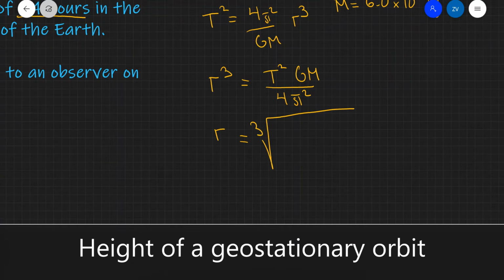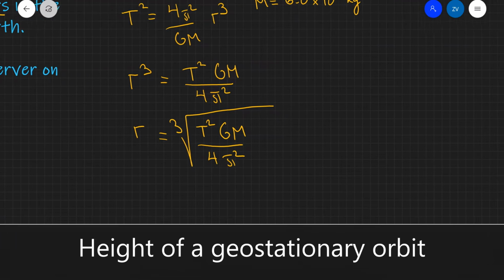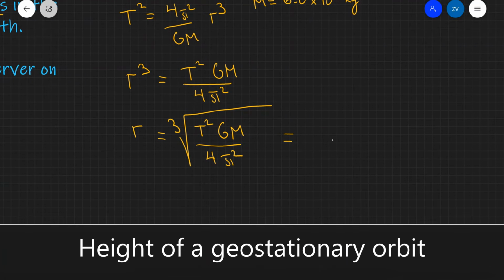Remember to actually press the cube root button on your calculator. A common mistake is to just press the square root button. So that'll be the cube root of T squared GM over 4 pi squared.